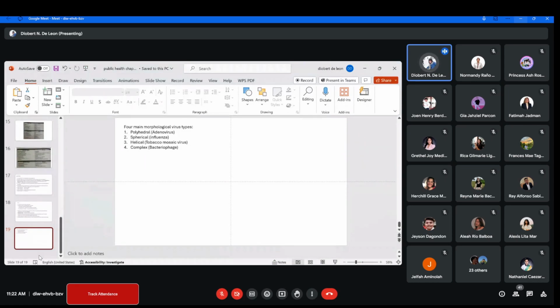Just refer to the photos that I provided, you know. We have the icosahedral or polyhedral viruses that are composed of 20 faces, just like the polyhedron. And the minimum number of identical capsomeres required is 12, each composed of 5 identical subunits.